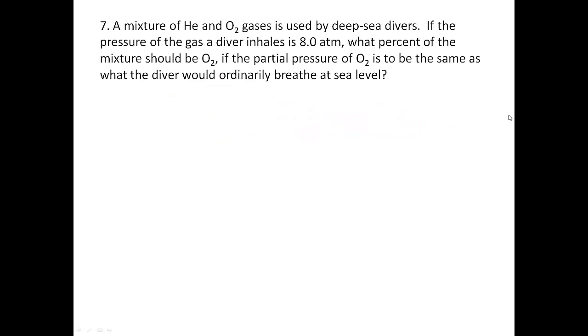Okay, a mixture of helium and oxygen gas is used by deep sea divers. If the pressure of the gas the diver inhales is 8 atmospheres, what pressure of the mixture should be O2? The partial pressure is the same as what the diver would ordinarily breathe at sea level.